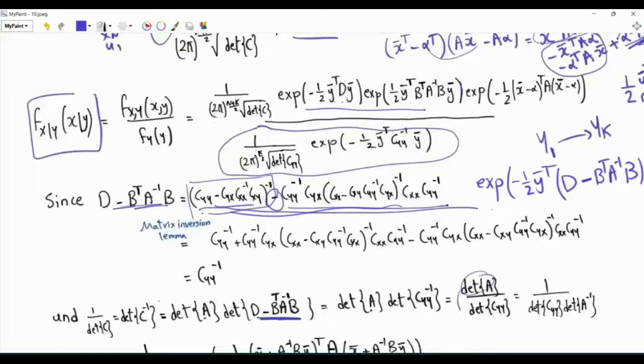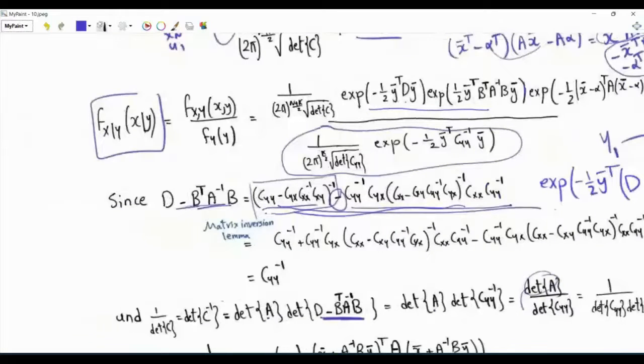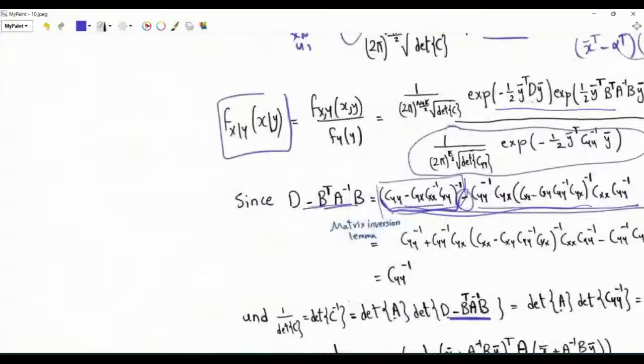And it looks like a very complicated expression. What we will do is take this first part, which is CYY plus CYX minus CXX inverse CXY, all inverse. We will apply the matrix inversion lemma to this expression here.